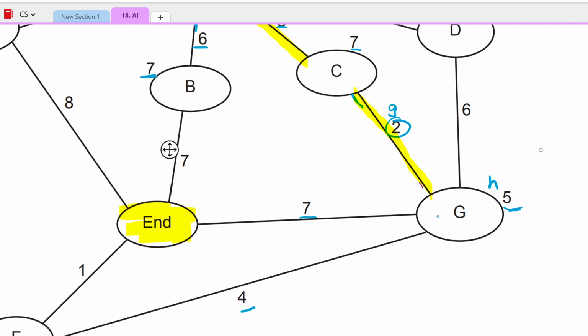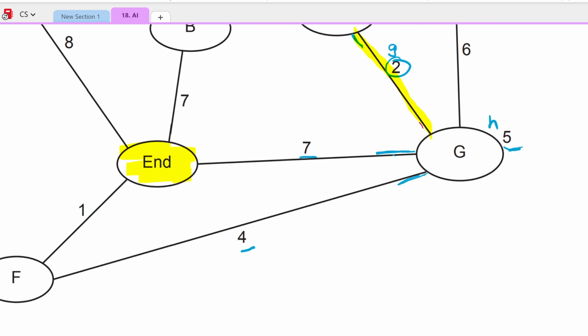Now there is only one node, so we are going to follow the available single path. Now from G we have to reach the end. To end we have a single path from G to end, or we can go from G to F as well.